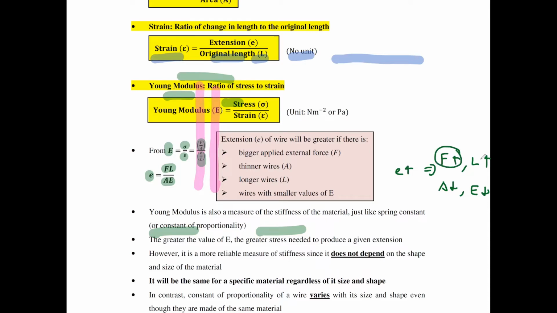The force supplied must be large, the original length of the wire must be large, the cross-sectional area must be small, and the Young's modulus of the material must be small. Only then will you get a large extension.